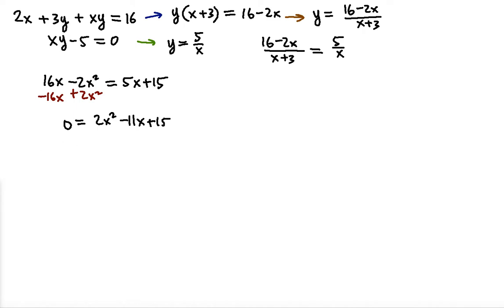Okay? And notice you have to do the same thing on the right side, right? Not just the left side. So now we have that, and we need to factor this, right? I can write this in standard form, 2x squared minus 11x plus 15 is equal to 0, right? Just for you to see it easily.